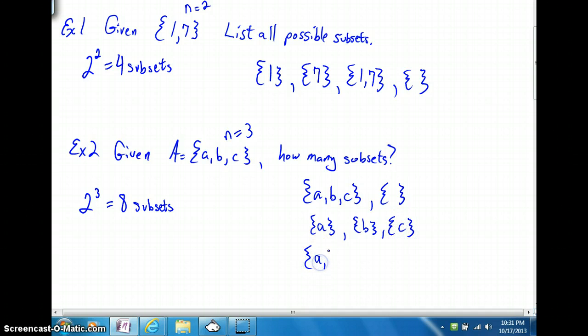Well, we could select a and b together, or perhaps a and c together, or perhaps b and c. And if you think about that, these are the only 8 ways. If you count up all of these subsets, we've got 8 of them now, that we could have.